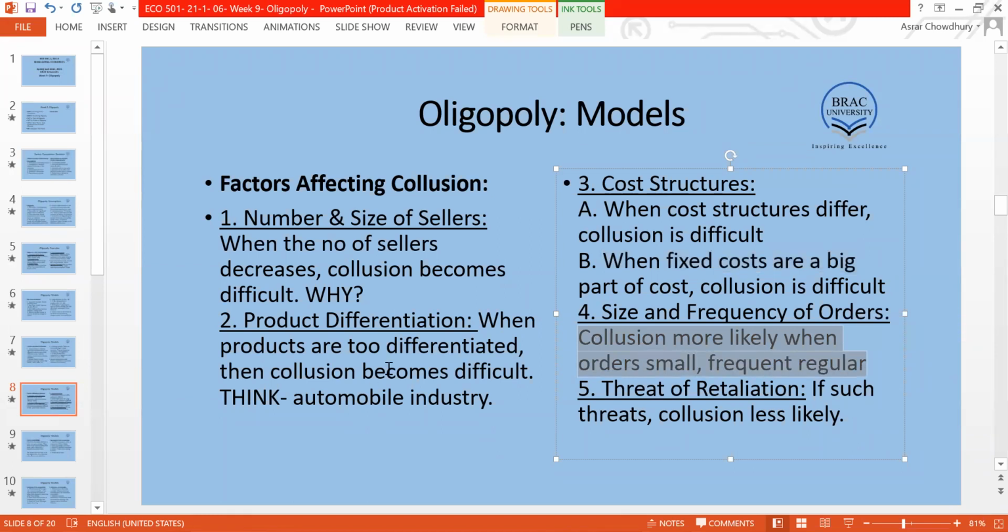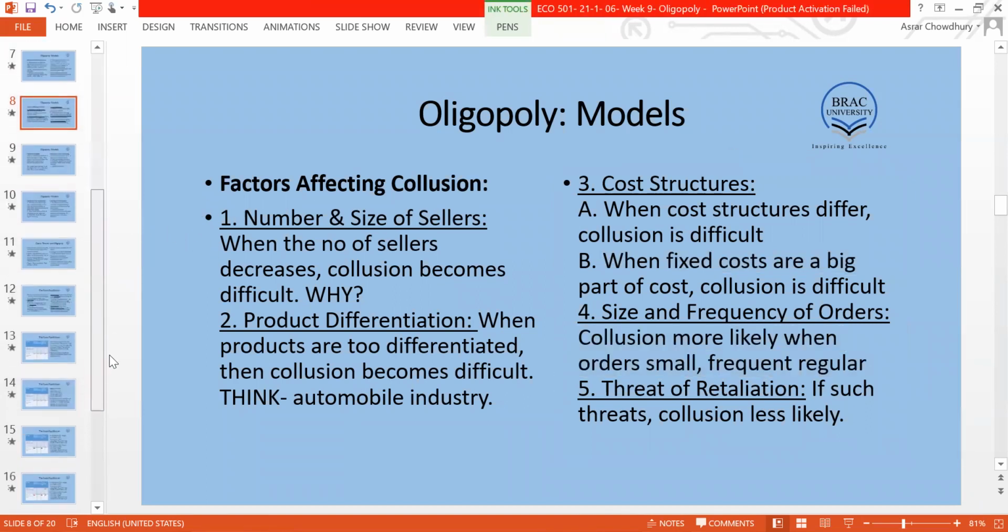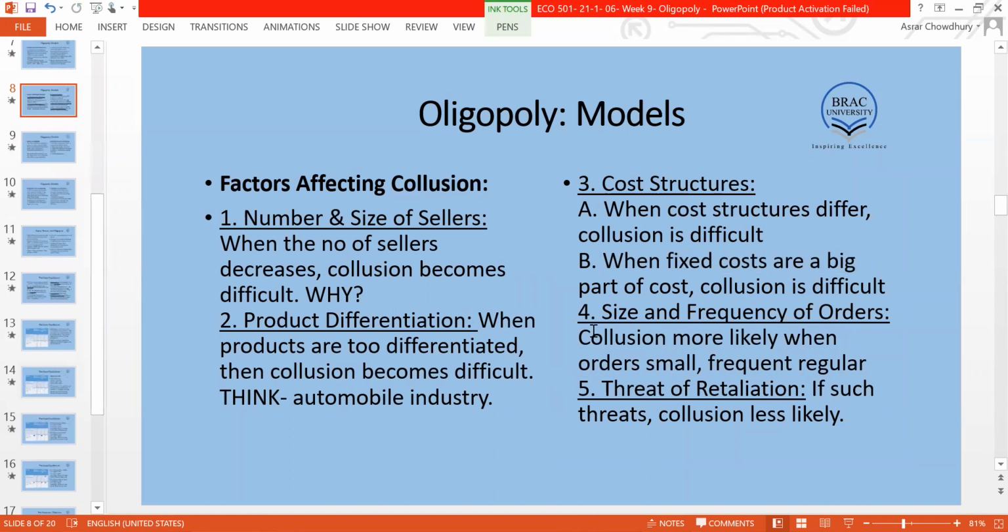Acha, why do you think this is correct? When orders are small and frequent, collusion is more likely.